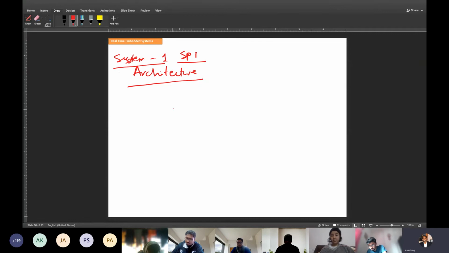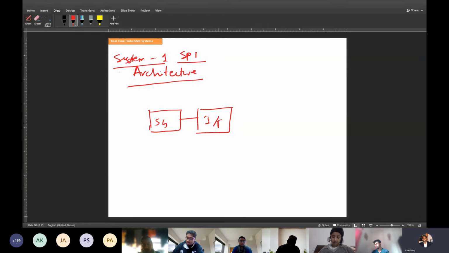System specification 1. The architecture will be: there is the signal generator or source. Then there will be some interface circuit, which includes impedance matching. Then there is the ADC, analog to digital converter.